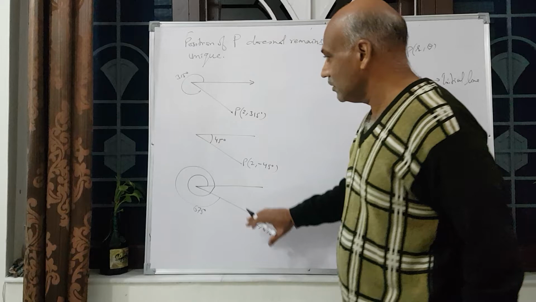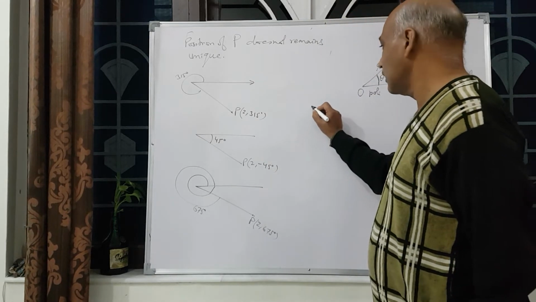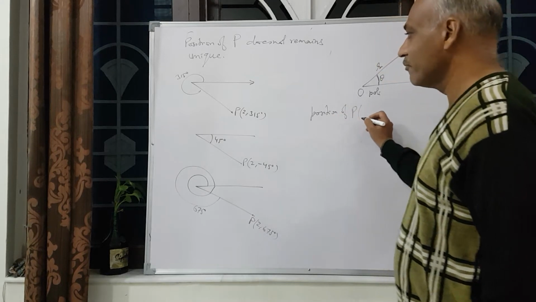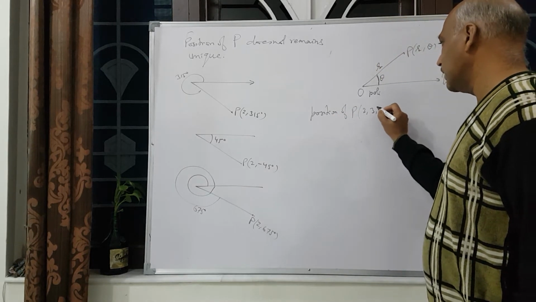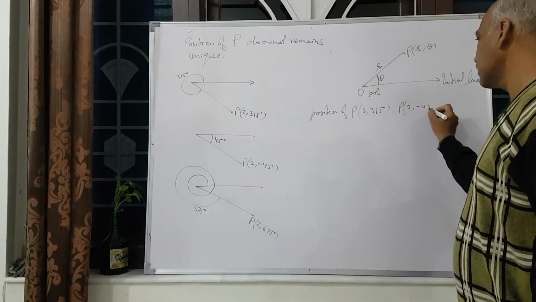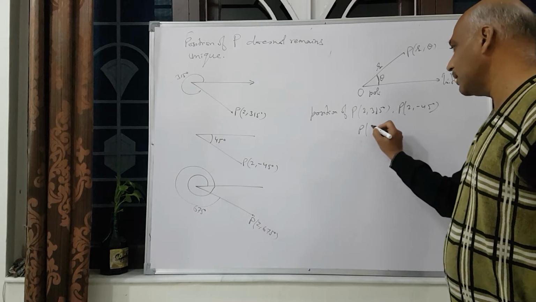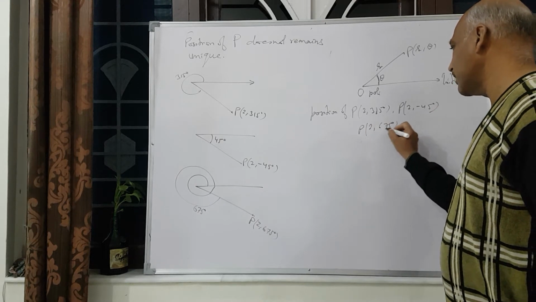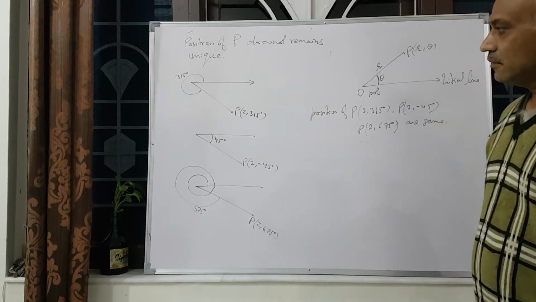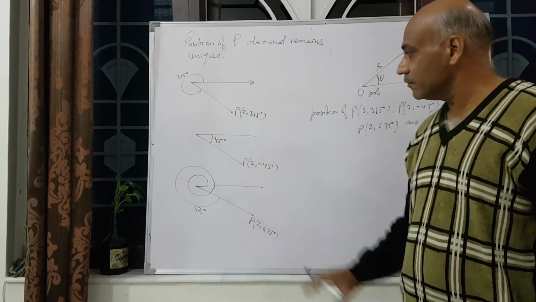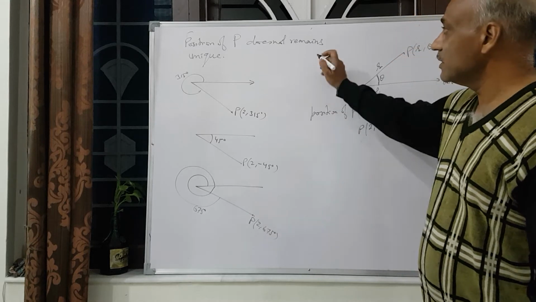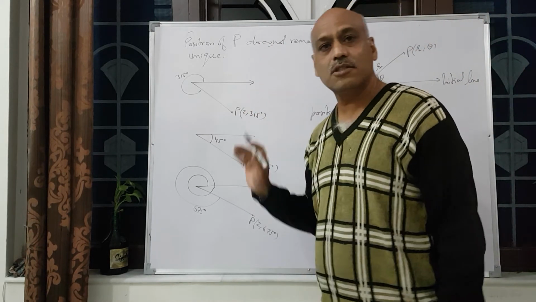So the position or location of P at 315 degrees, P at minus 45 degrees, P at 675 degrees are the same. So in all cases the position of P is the same. So we can say it does not remain unique.